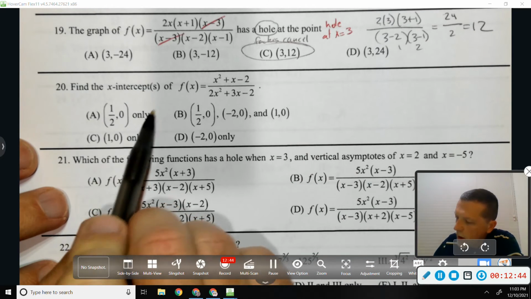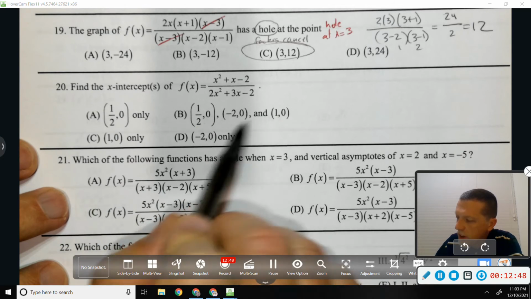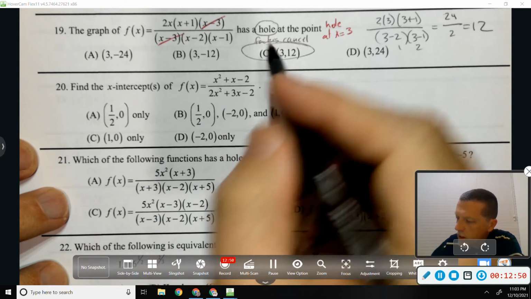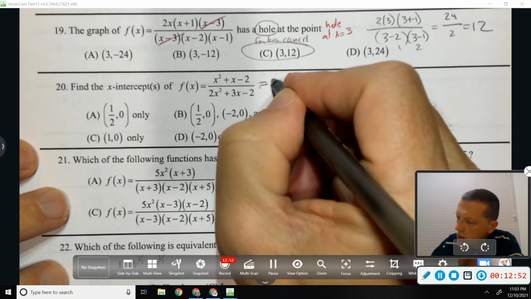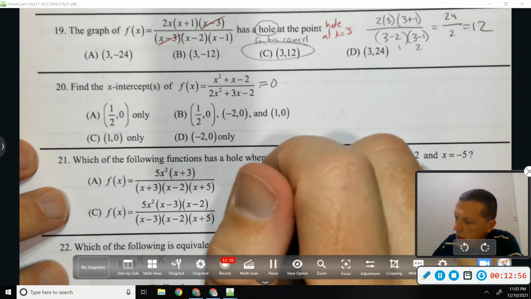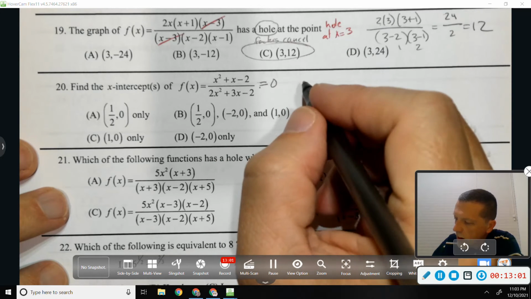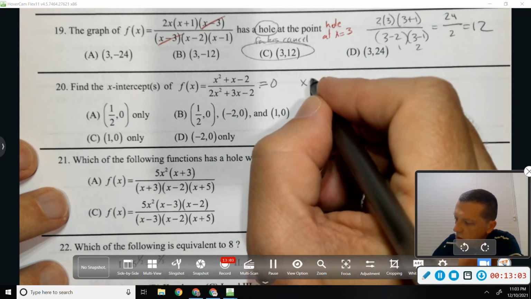X-intercepts would be where y is 0. In fact, again, you can use the answers to help figure the stuff out. All of the answers have y equal to 0. So if I set that equal to 0, the only thing that's going to make a fraction 0 is if the top is 0.